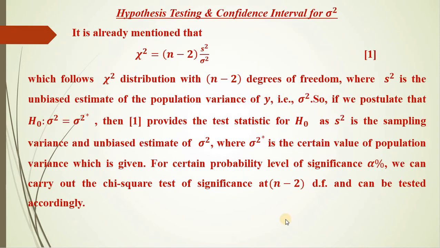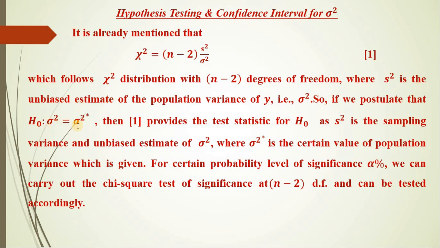Now, we are going to look at testing the hypothesis and confidence interval for sigma square, the population variance. We have already found that the ratio of sample variance s square and the population variance sigma square follows a chi-square distribution with n minus 2 degrees of freedom. Here s square is the unbiased estimate of the population variance of Y, and sigma square is the population variance.